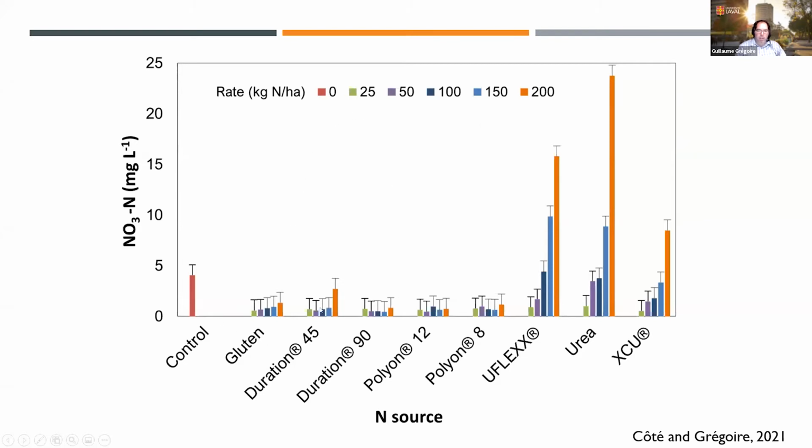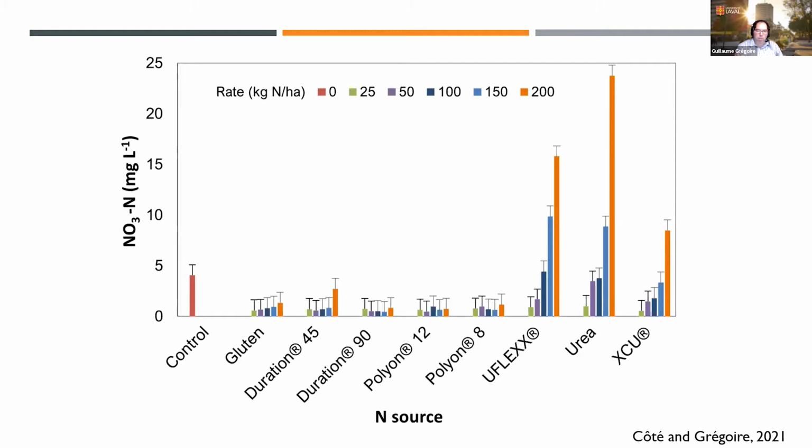This shows results, this is in loam. And what we can see first is that even our control treatment, which is actually unfertilized, did result in some nitrate losses. So we make the assumption that this happened because we just collected soil in the field.